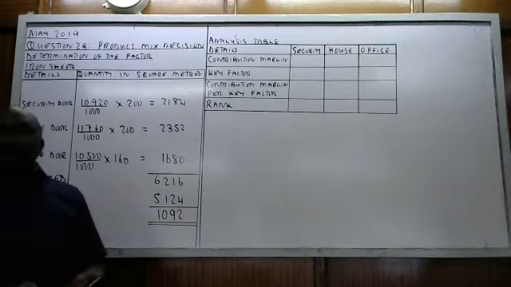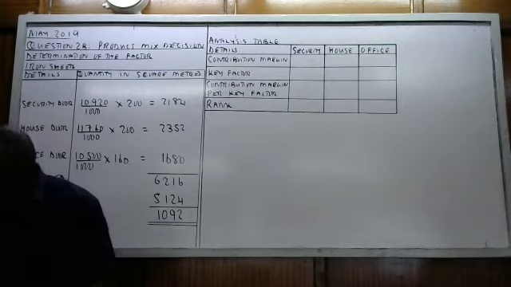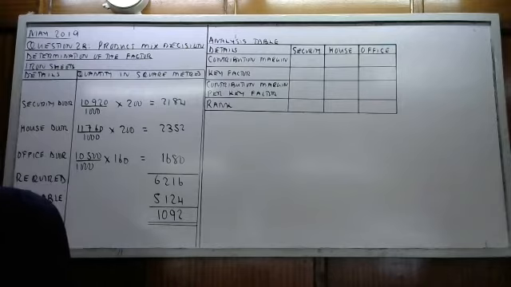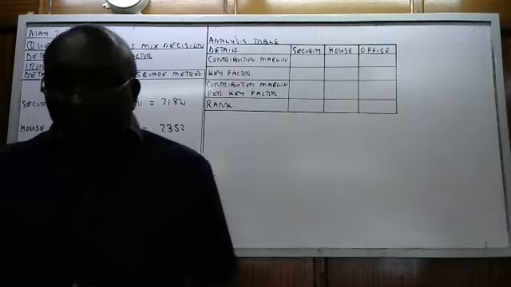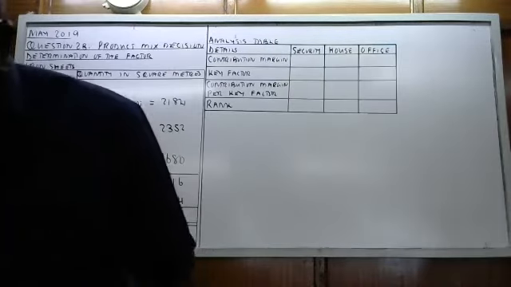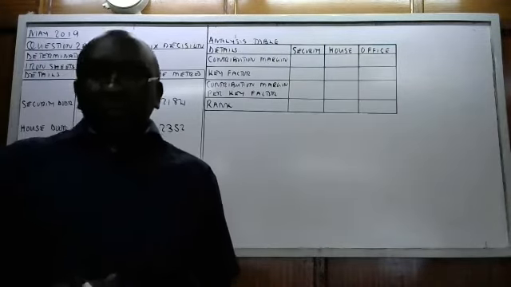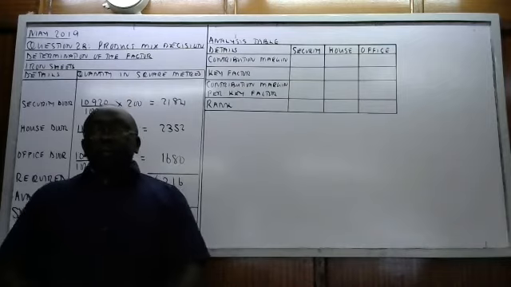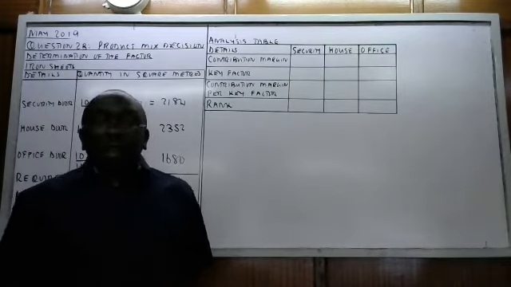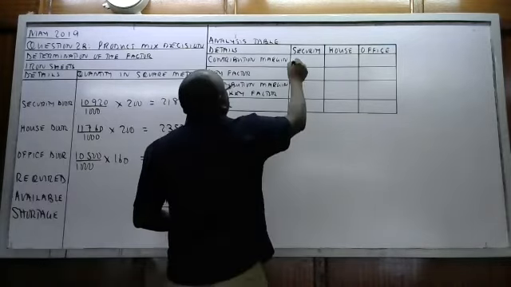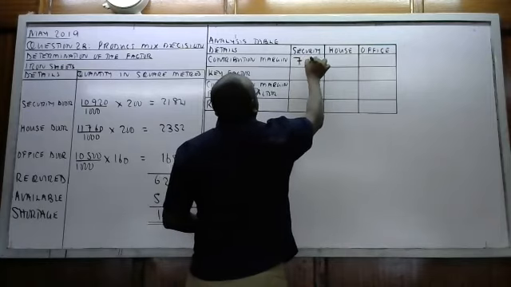So for security, take 24,500 minus 980 minus 2,100 minus 10,920 minus 500. Give me what you get. Yeah, good. 7,000.